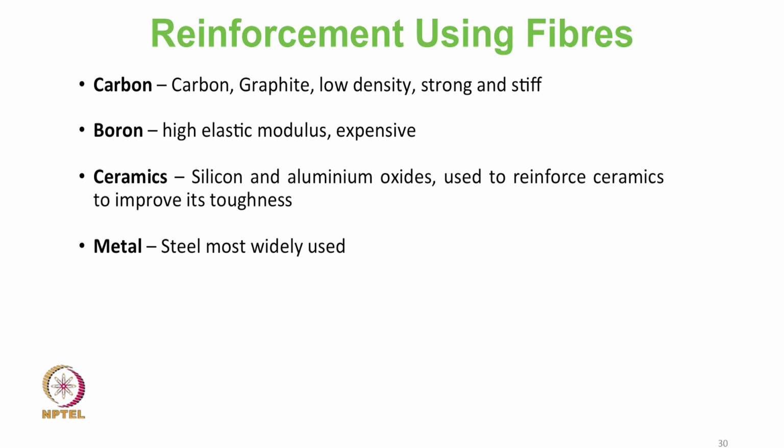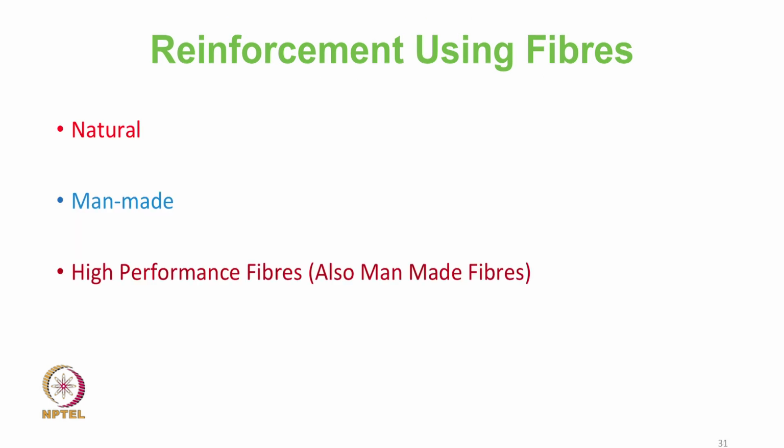Also sometimes metal fibers like steel filament are used as reinforcing material for thermoplastic composite. The fibers may be natural fiber or man-made fiber, and there are many varieties of commercially available fibers.